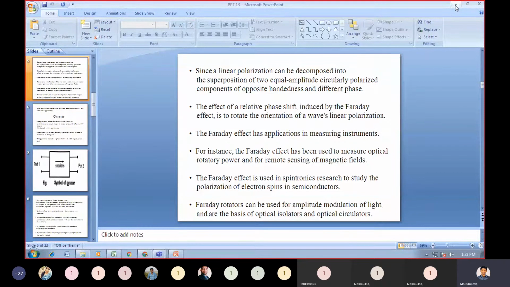For instance, the Faraday effect has been used to measure optical rotary power and for remote sensing of magnetic fields.